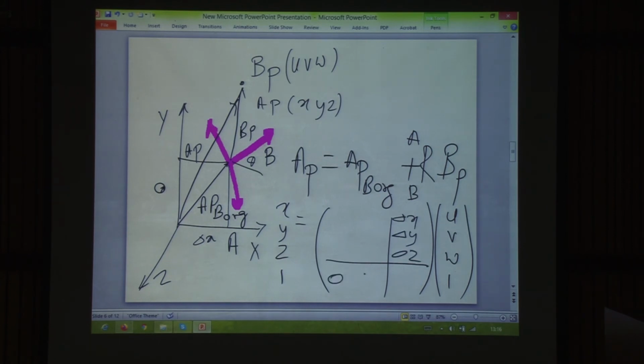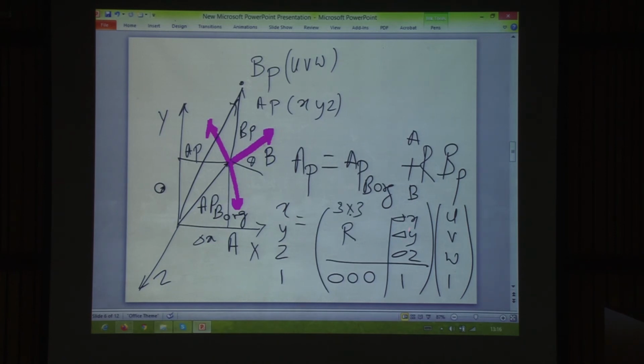This last row is always 0, 0, 0, 1, and this is my rotation matrix. The rotation matrix is 3 by 3, which stays here, the same as the previous one, cos, sin, sin, cos.